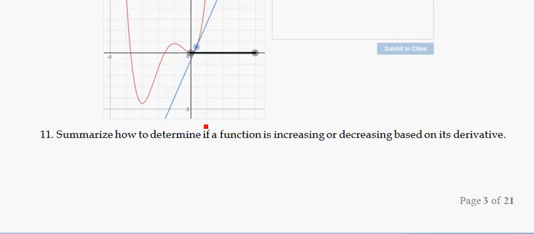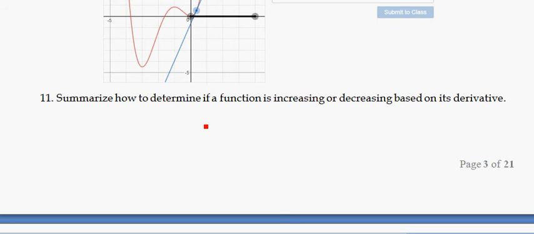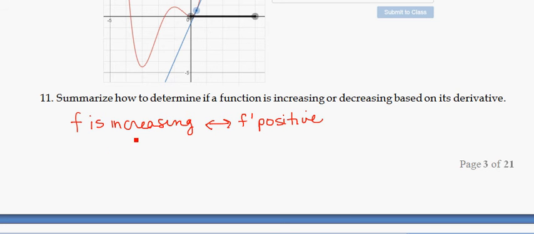So if you recall this Desmos lab, the idea was that if f is increasing, that's going to lead to f prime being positive, right? And in fact, vice versa. If f prime is positive, that will tell us that we know f is increasing.